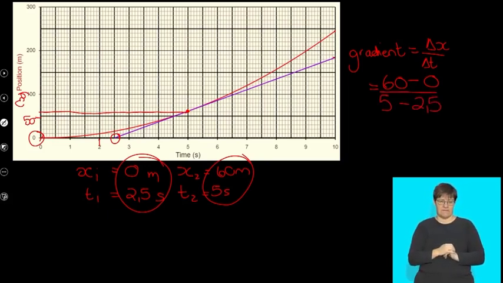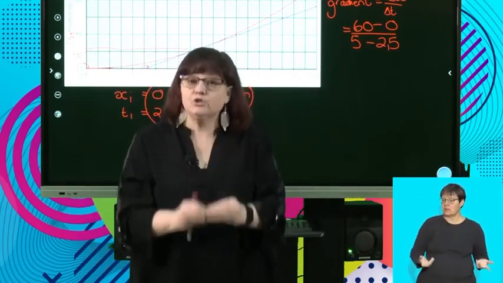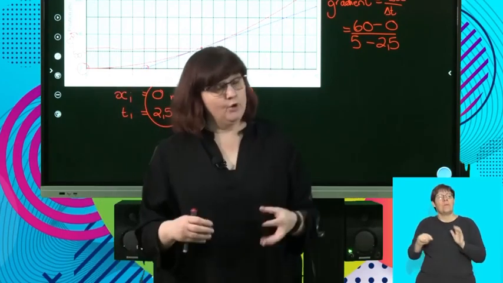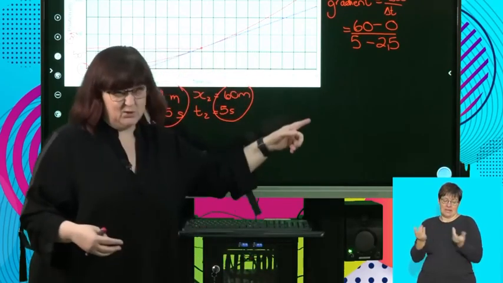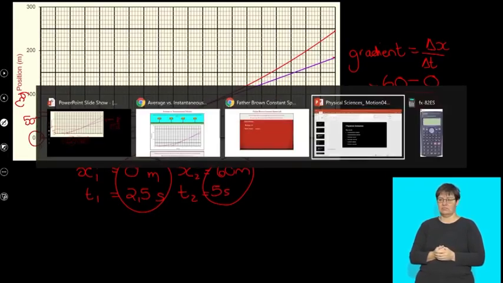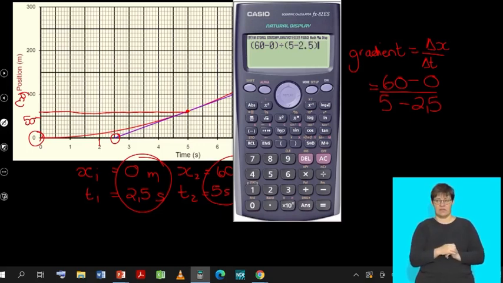Please be careful here for me. I know, and you know, that 60 minus 0 is 60. But you've got to show me that you minus the 0, because the 0 is important. It has meaning for us. We're going to need to use our calculators for this. So we get our calculator out, and we go 60 minus 0 divided by 5 minus 2.5, and I get 24.